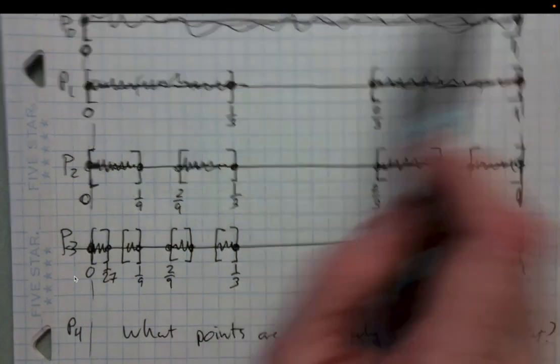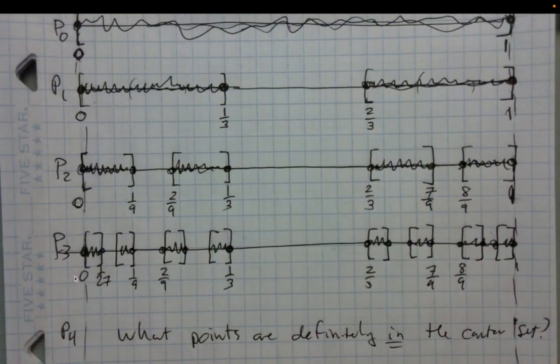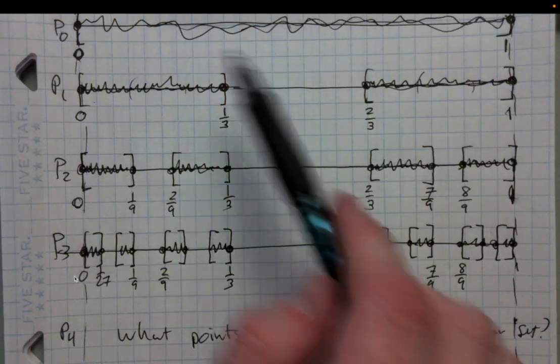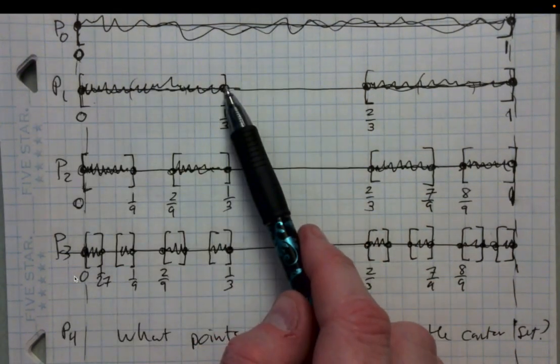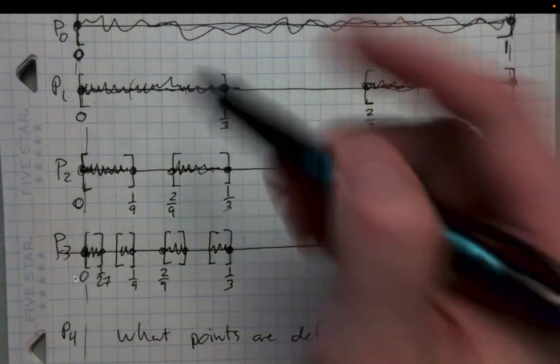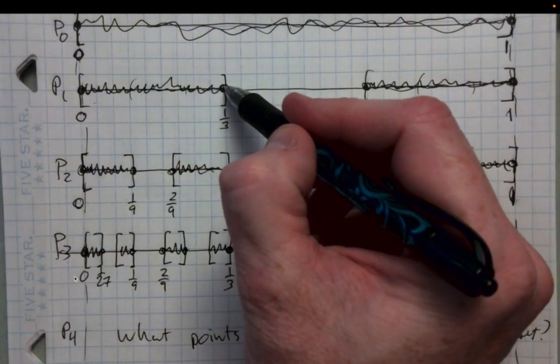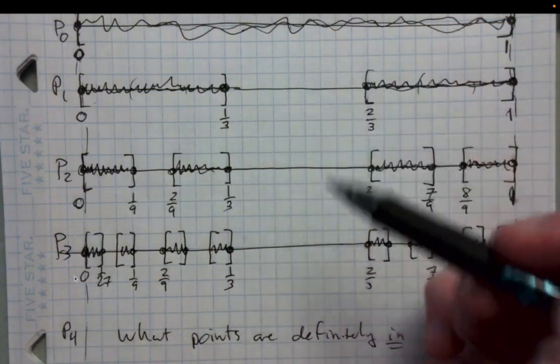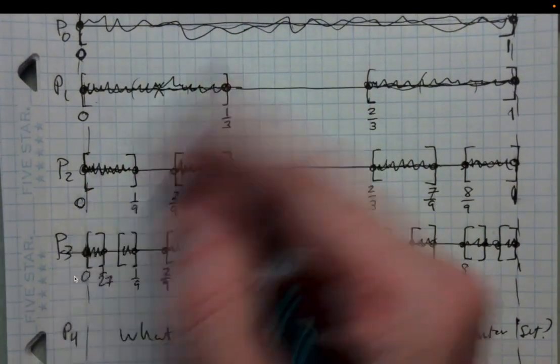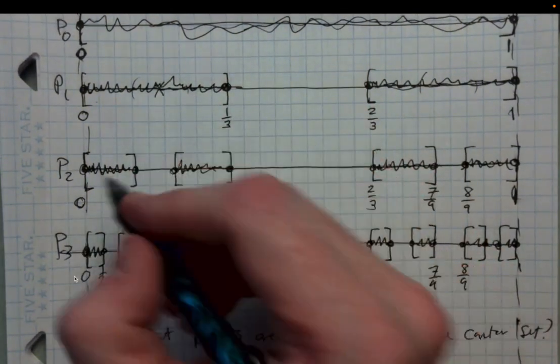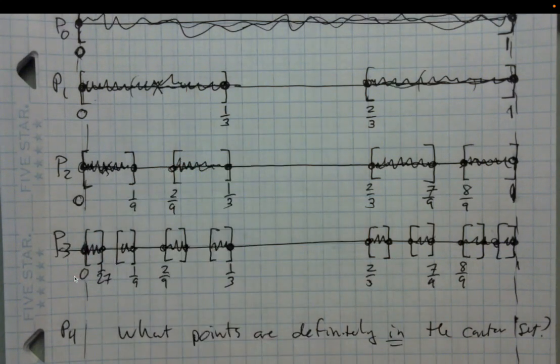It was in here and it got thrown out in the first iteration. But one of the points that we know we retained from the first iteration is 1/3. Right, 1/3 made it through the first iteration. What about the point that would be right here? Well, it got dumped after the second iteration. And the point that's right here got dumped after the third iteration.